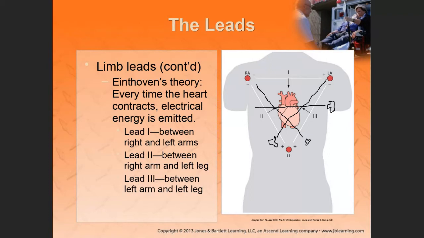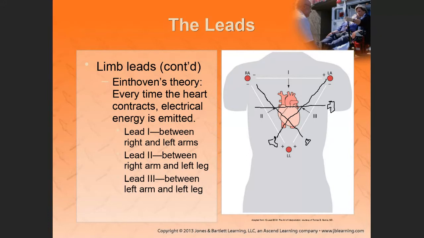So the point that you need to grasp before you move any further into the slide is that when we're doing cardiac monitoring, if we're using 4 electrodes, the green one stabilizes the current.